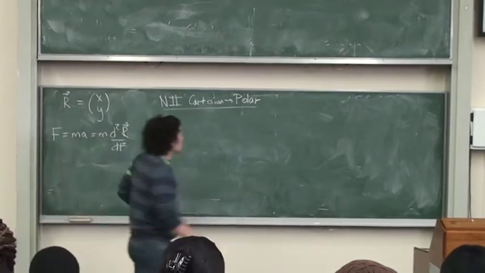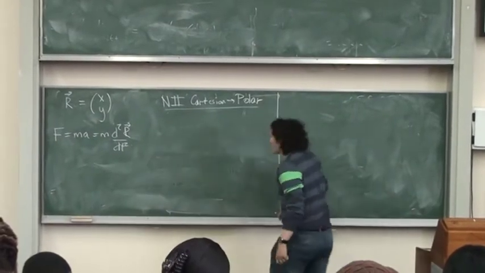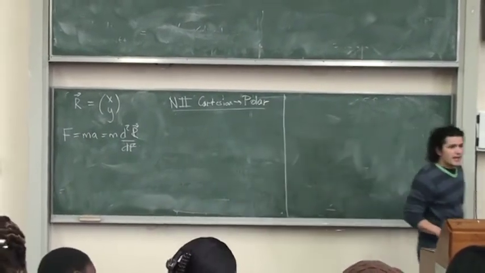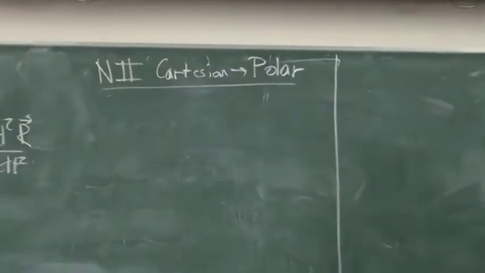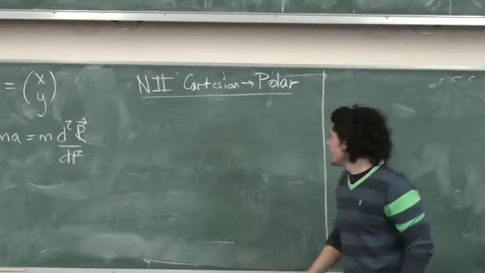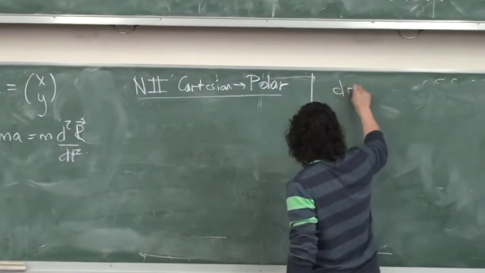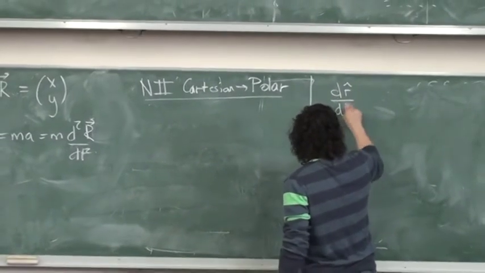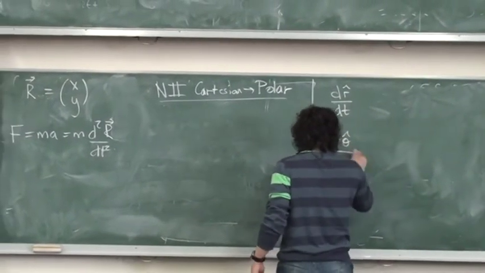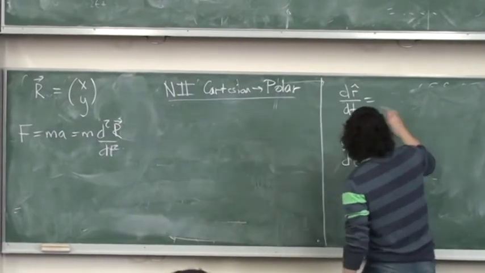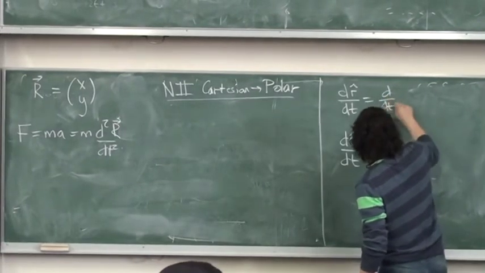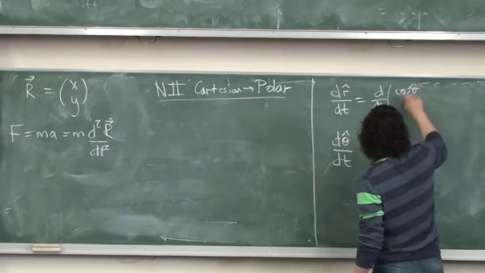And what I'm going to do is look at the derivatives of the polar unit vectors. And you'll see how we can use that to derive everything we need. So, d r hat by dt, d theta hat by dt. This is d by dt of cos theta, sine theta.